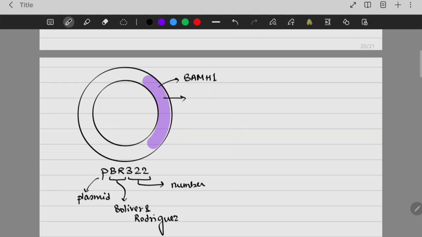This gene is required as the tetracycline resistance gene. With the presence of this gene, the bacteria will have tetracycline resistance. Another one present here is PST1. It gives ampicillin resistance.